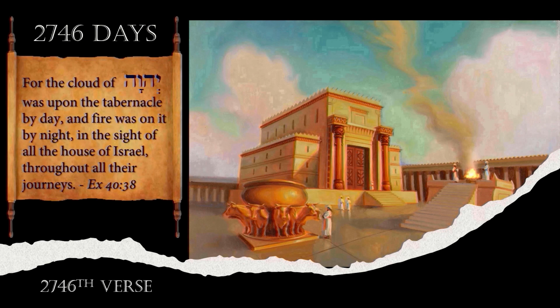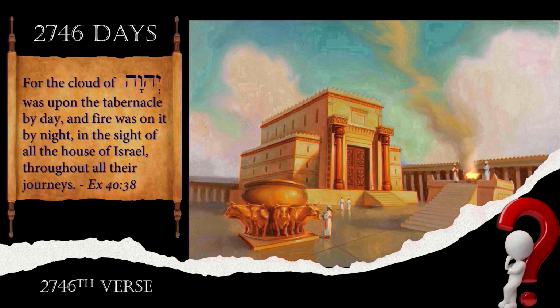Exodus 40:38. For the cloud of Yud-He-Vav-He was upon the tabernacle by day, and fire was on it by night, in the sight of all the house of Israel throughout all their journeys. Is this a coincidence? We will let you be the judge.